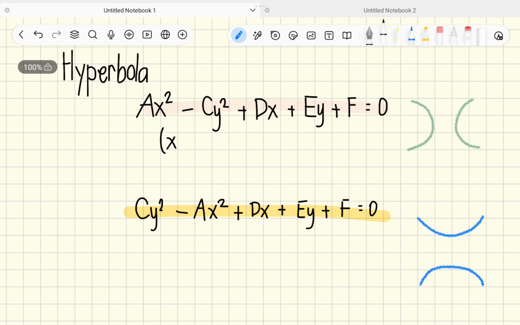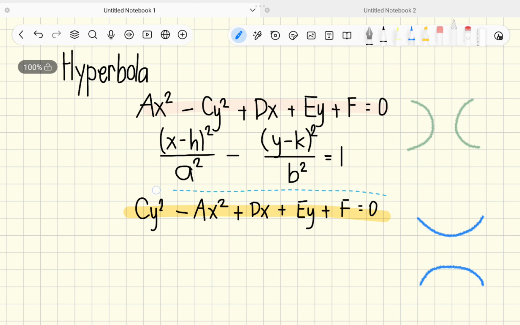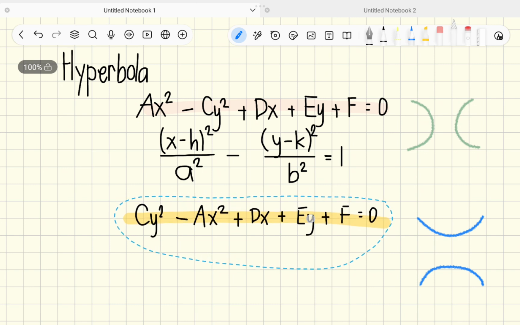Here we have (x minus h) quantity squared all over a squared minus (y minus k) quantity squared all over b squared equals 1. And always remember, the right side of the equation should always be equal to 1.